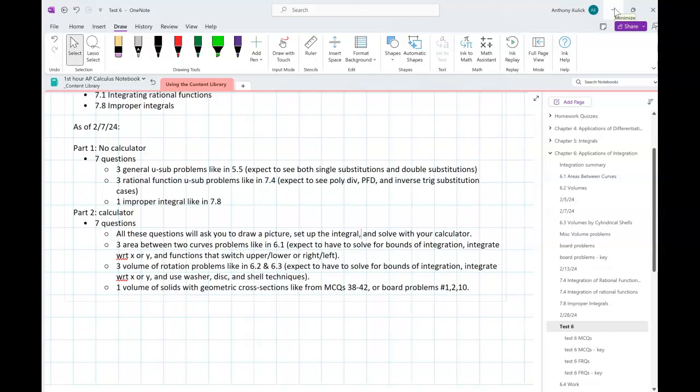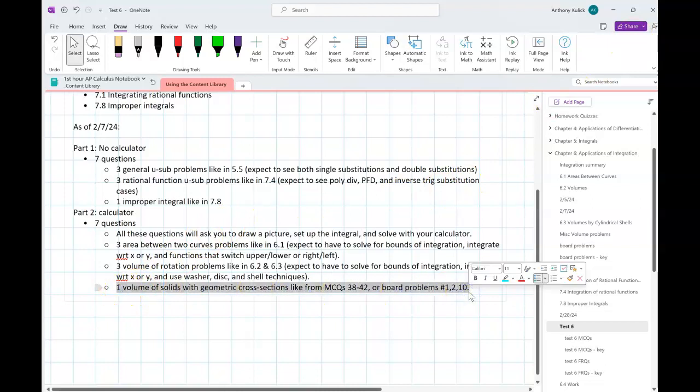Rita. Do you think we should still go through all the MCQs, or should we focus more on something else? Well, most of the MCQs are just homework problems with A, B, C, D. There's not a lot of conceptual stuff in the MCQs, right? So it's fine to look at those. The place where I would look at those is these geometric cross-section ones that are a little bit different than the things we saw in the text.